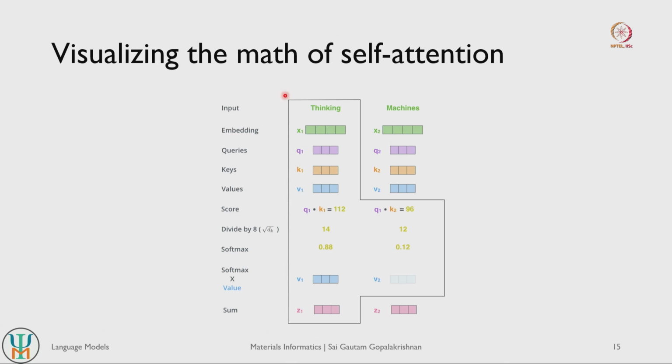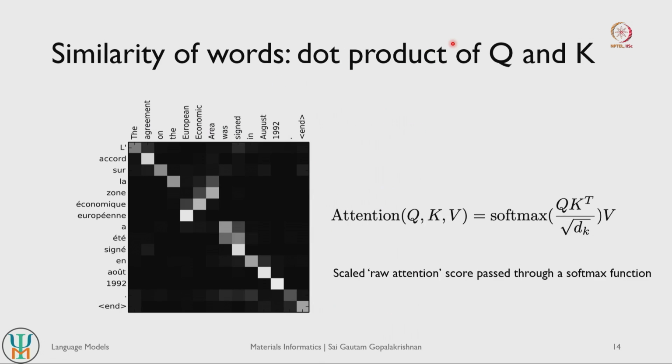Okay, so we can also visualize this math of attention here. Just as context, if you compute an output based on this kind of mathematical operation, q times k, softmax, and then you multiply it with v, this process is referred to as self attention.